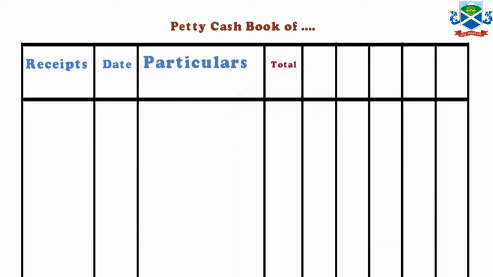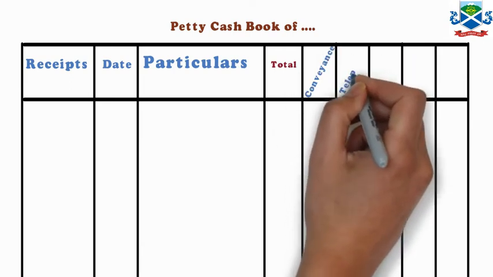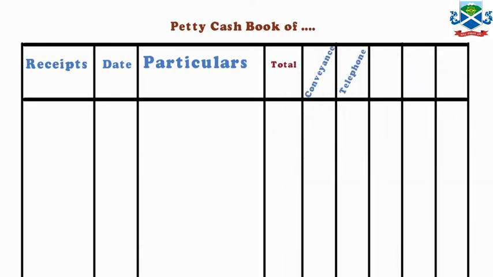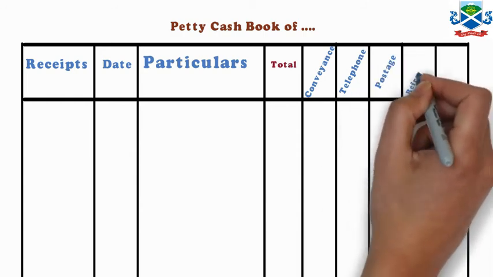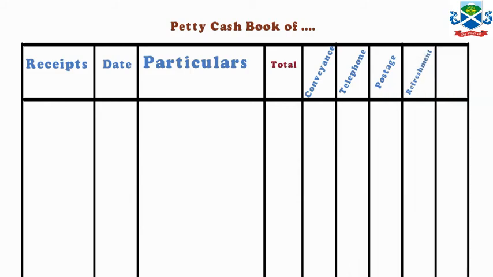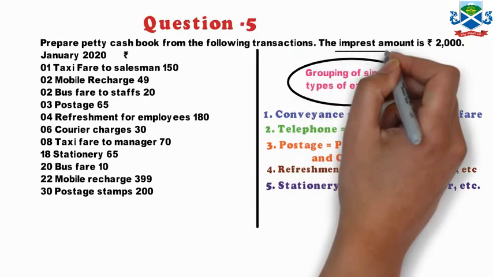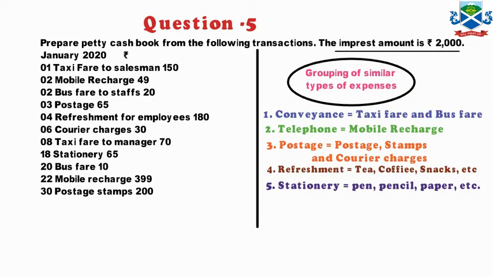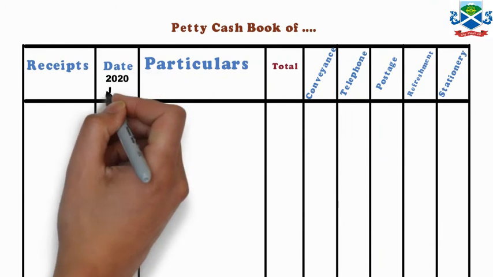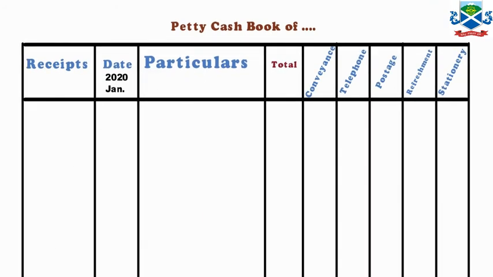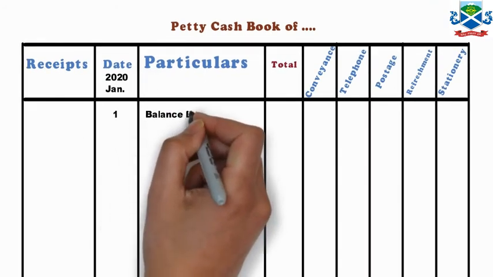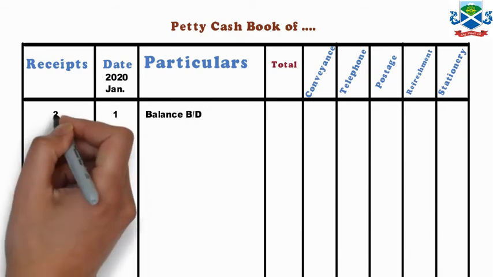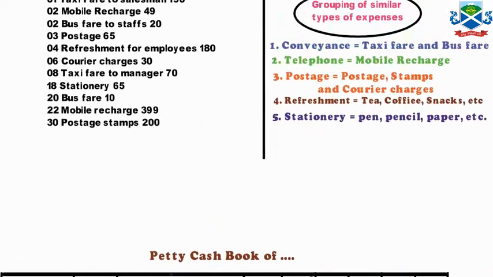Since space is required, we'll write each expense heading slantwise: conveyance, telephone, postage, refreshment, and stationery. If there are more, we can put them in further columns. The imprest balance is given as 2000, so we'll write it on January 20 as balance b/d, and in the receipt column we'll write imprest balance 2000.